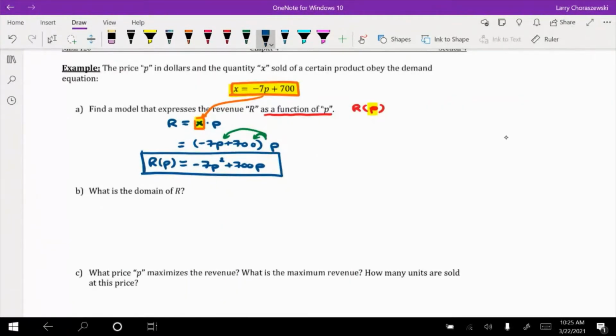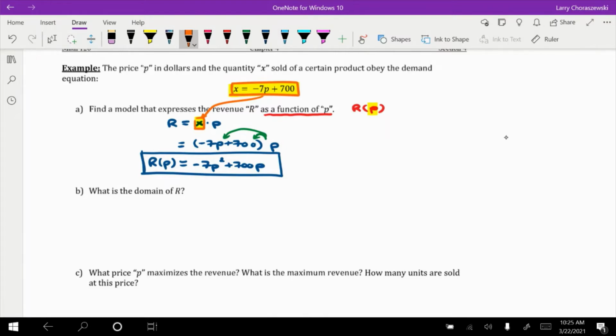Now, what is the domain of this revenue function? The trick to figuring that out is to realize that to make some revenue, you're going to need some positive values for P. In certain cases, your product might be free, if you just want to get rid of it.